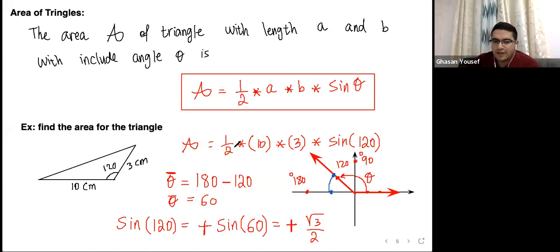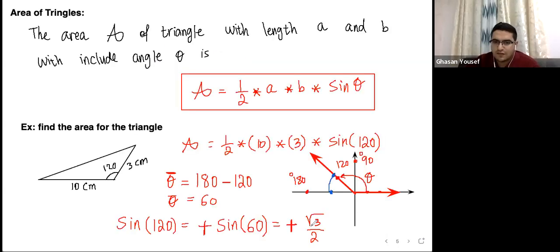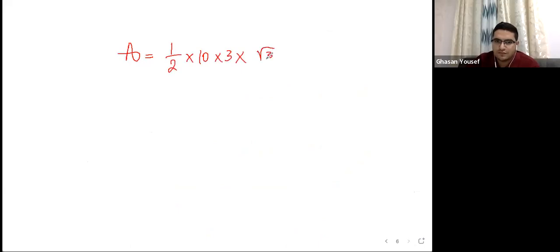Now we go back to the area. The area equals 1/2 times 10 times 3, times the square root of 3 over 2. So the area equals 10 times 3, 30, over 2.